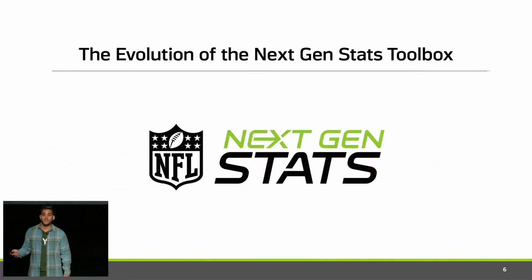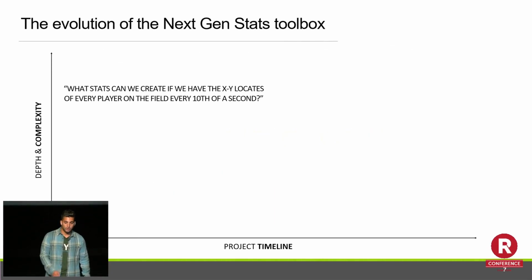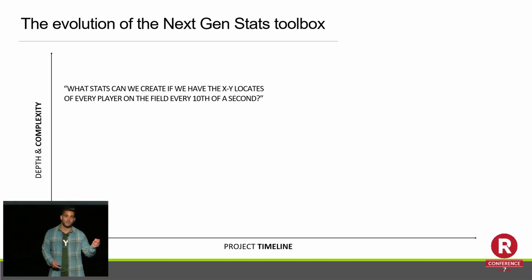So before we dive into all the models, I would love to take you through a history of the evolution of the stats toolbox at Next Gen Stats. So we started with a question: what stats can we create if we have player tracking data every 10th of a second for every play?